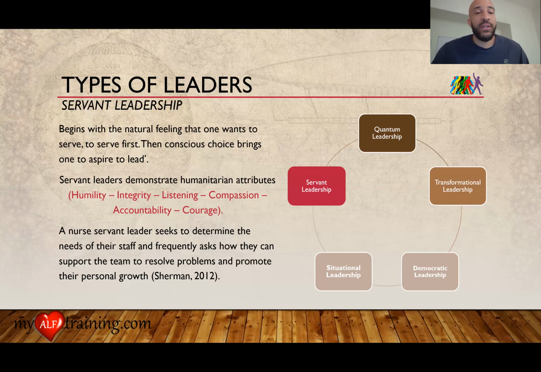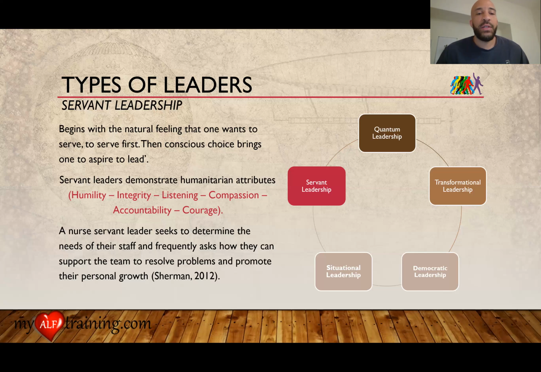A nurse servant leader seeks to determine the needs of their staff and frequently asks how they can support the team to resolve problems and promote their personal growth. So, in order for us to be leaders, we need to know where it is we're trying to lead our team.